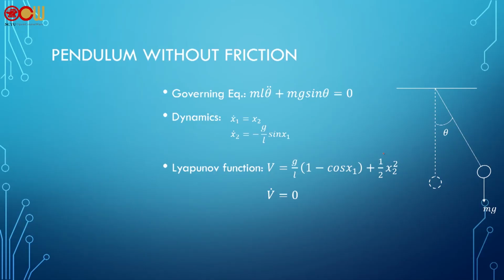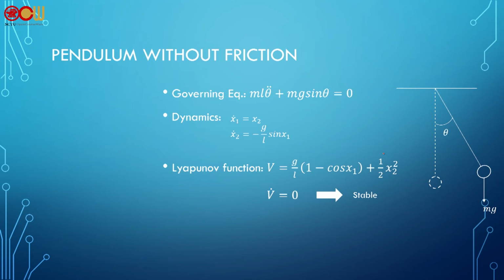It's moving, right? The dynamics is not 0. Consider x1 is pi over 3. But you can conclude it's stable, because v dot is 0, which implies v is constant. What is v constant? Level set. The solution lies in the level set. So it's stable.